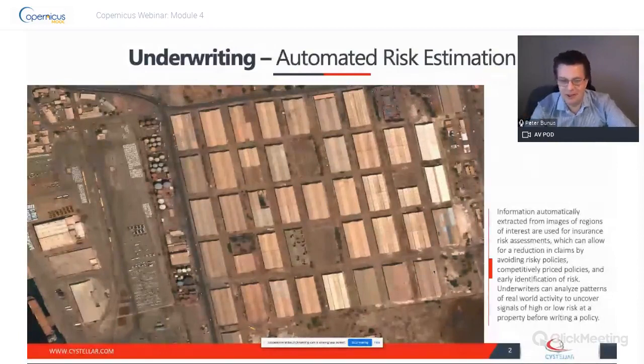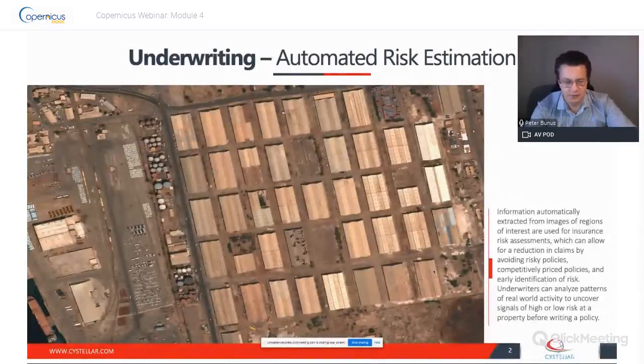I will forget for the next 15 minutes that I'm an engineer, and I will try to play the role of an insurer. Let me tell you a little bit what an insurer would like to see and what an insurer would expect from satellite imagery.